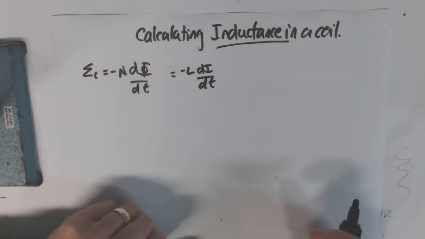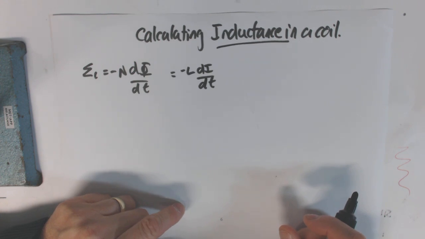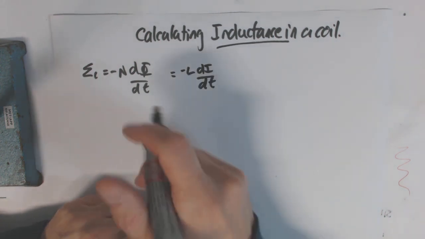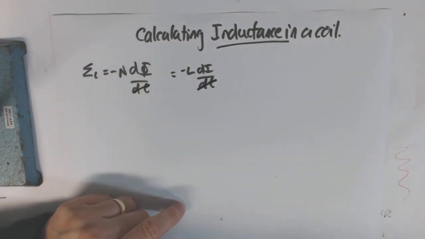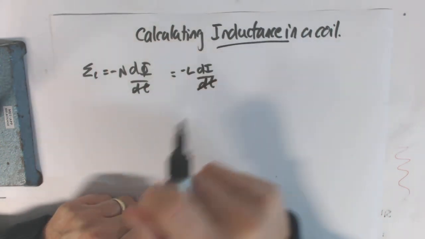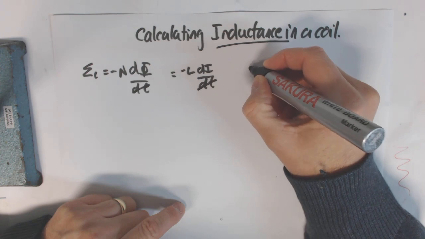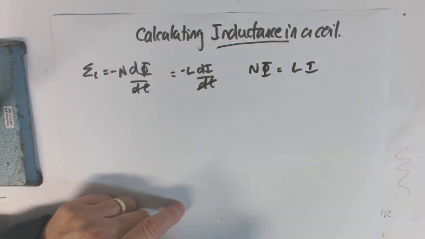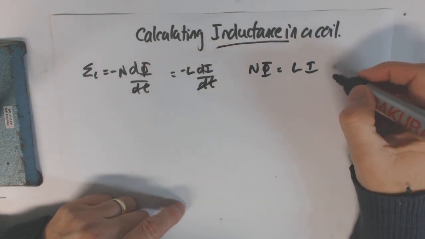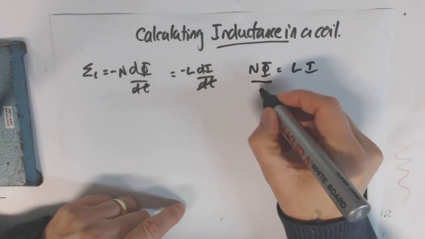If we look at this, I'm going to do some things now that I'm not going to prove, but in calculus we wouldn't just do it like this, or maybe we would. We'll just cancel out the dt's, and what we can end up doing is saying that N d-flux equals L di, and actually we can end up saying N flux equals Li, or L equals N flux over current.